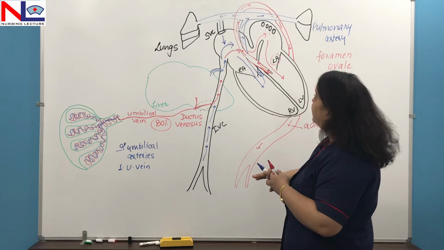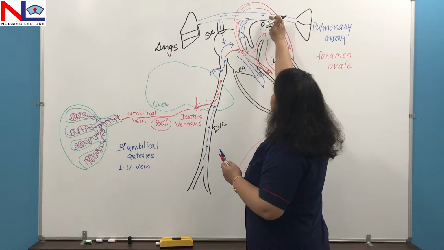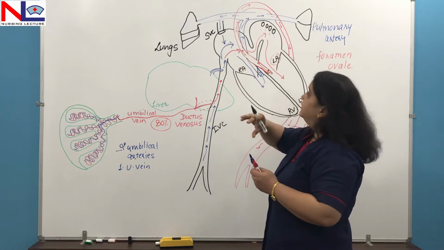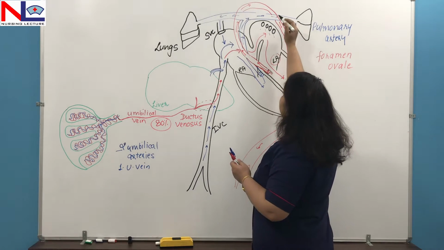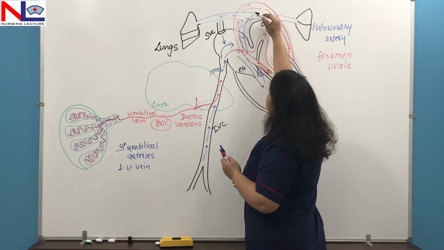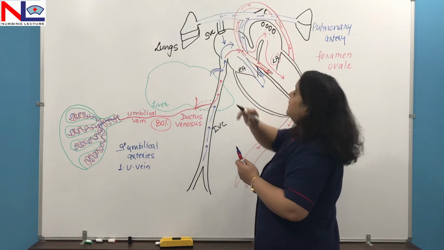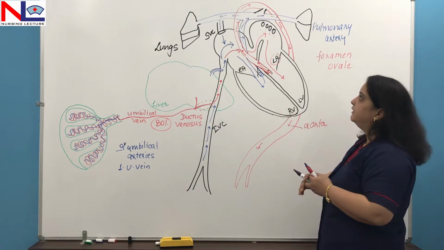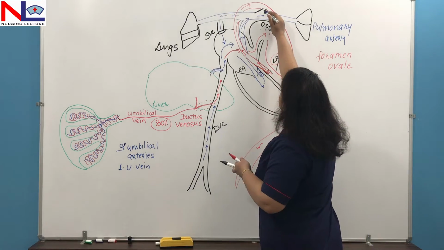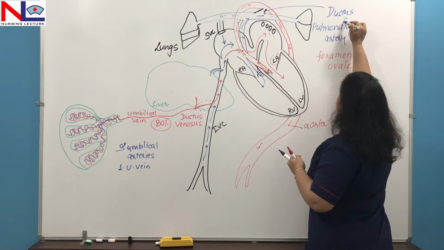Because of this high resistance, very little blood goes through these vessels to the lungs. But another very important thing is that the major amount of this pulmonary artery blood flow directly shunts into the aorta, and this is the fifth important thing which is different from the adult, called the ductus arteriosus.